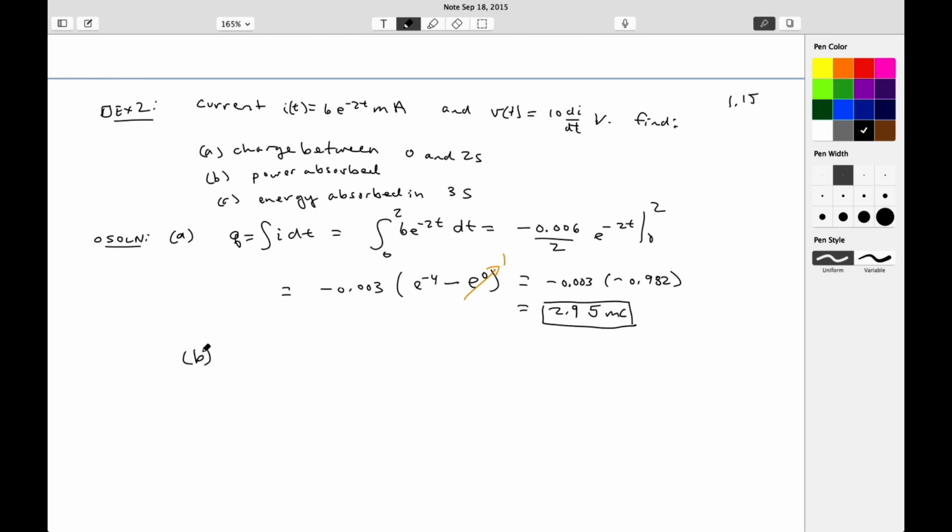I'm asked for the power absorbed. All right, and I know that P is equal to V times I, and I have I, so now I just need V. So first find V, which is equal to 10 di/dt, which is equal to 10 times negative 0.012 e to the minus 2t.